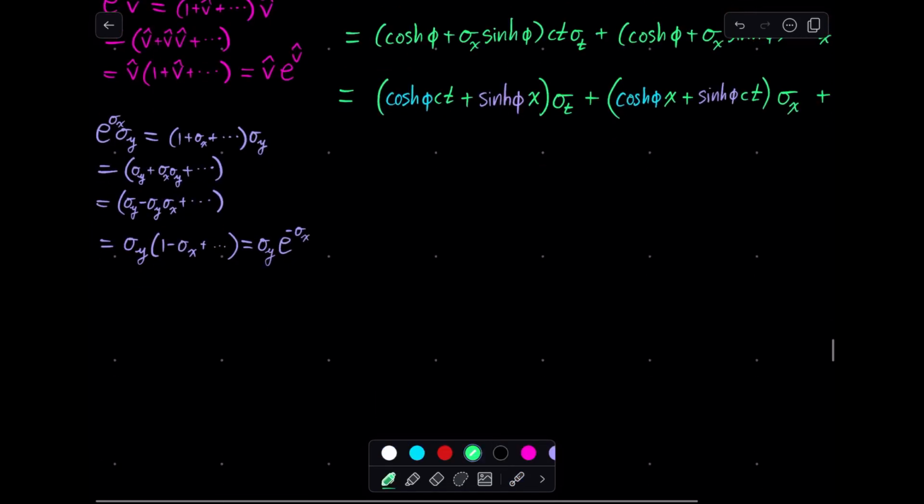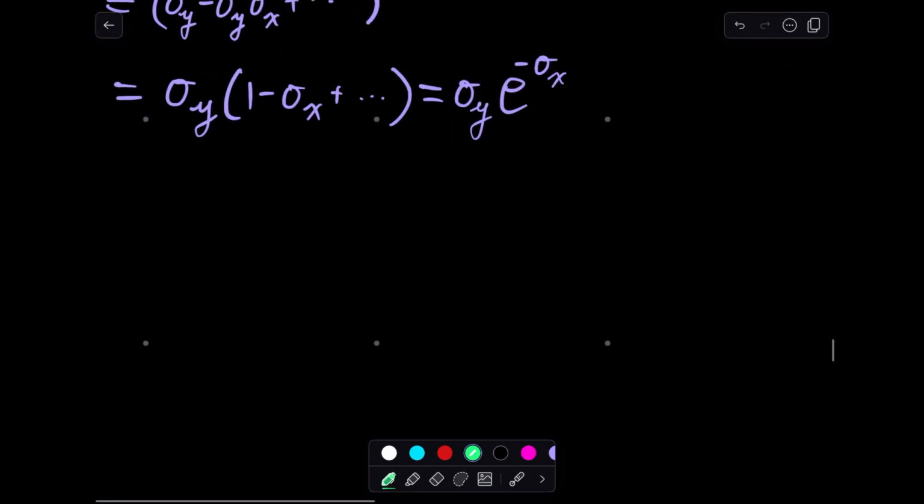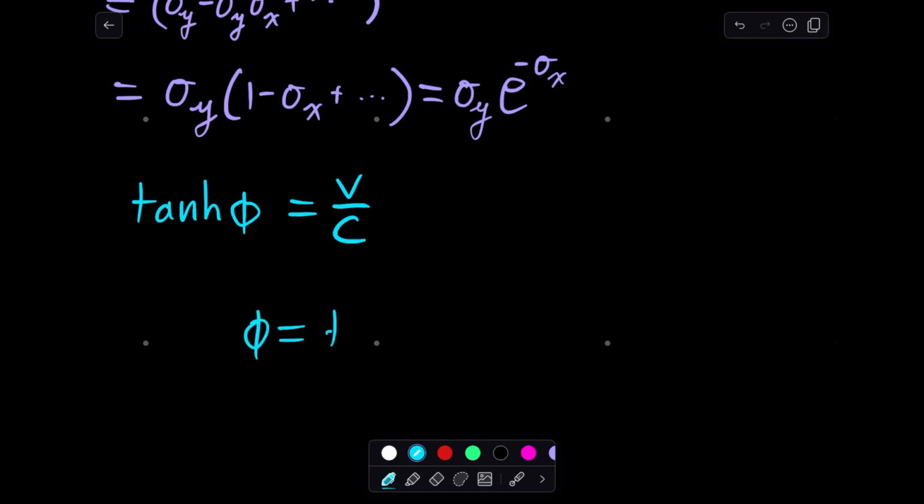Well, there's another little bit of arithmetic that you can do on the side, and that is through the definition of the hyperbolic tangent. And that is that this is equal to v over c, right? Because of the original definition of the inverse tangent being v over c. So from this we can get this.